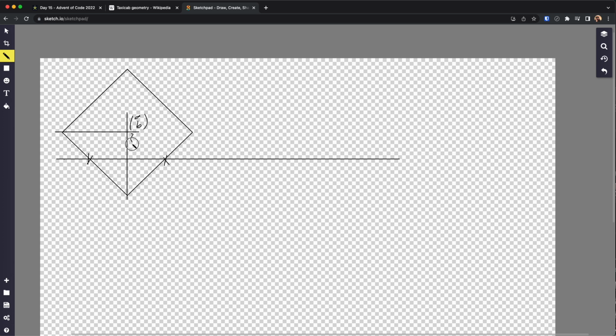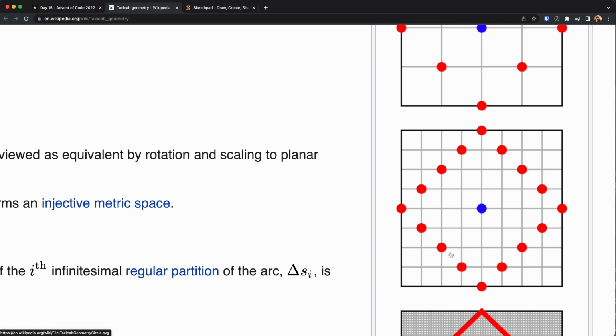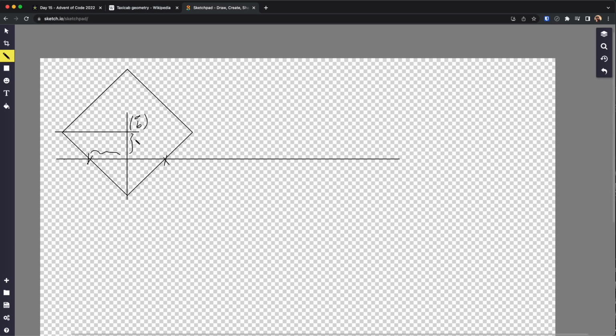We know that this distance is d, or our distance. I mean, this plus this is d. We are going from here to here. So 1, 2, 3, 4. This is always d. The same for this, the same for this. Okay? So this plus this is d.